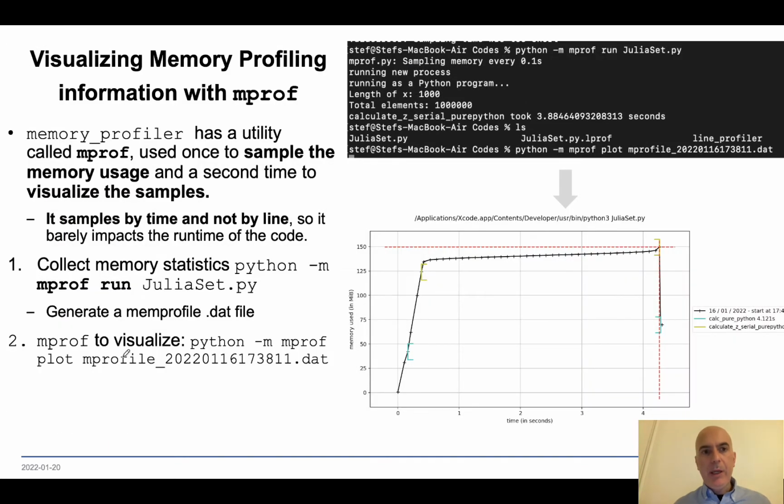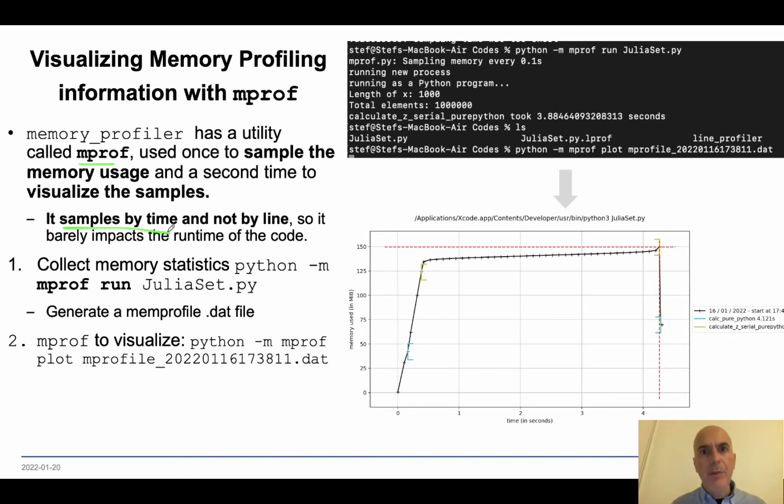So memory profiler also has a very interesting, very important utility called mprof. Mprof is used to sample the memory usage as a first step, and also can be used to visualize the information that we got from the sample. The major difference between the memory profiler that we saw in the previous slides and mprof is that mprof samples time by time.